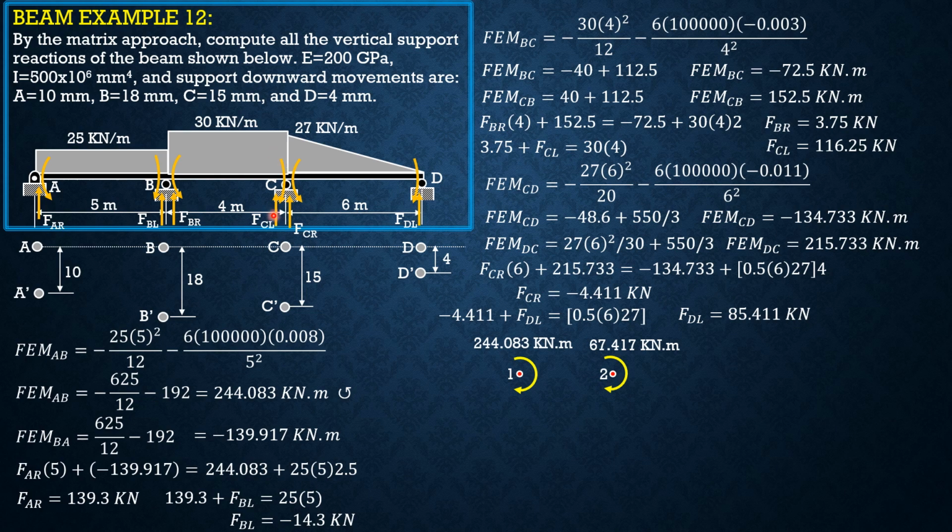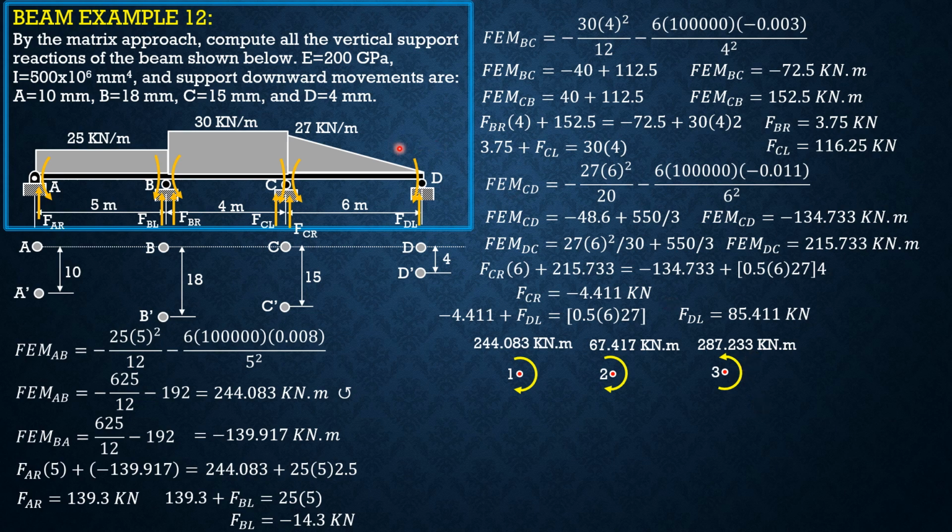Then at node 3, fixed moment CB is positive 152.5 minus fixed moment CD, which is negative. So positive fixed moment CB 152.5 minus negative 134.733 would be 287 point something positive, so it is counterclockwise, 287.233.